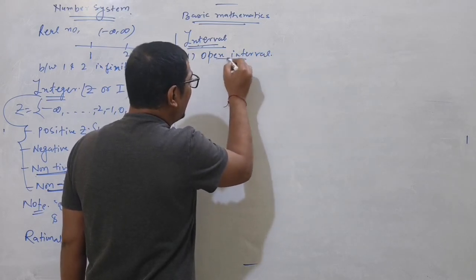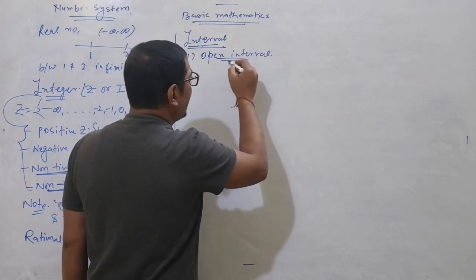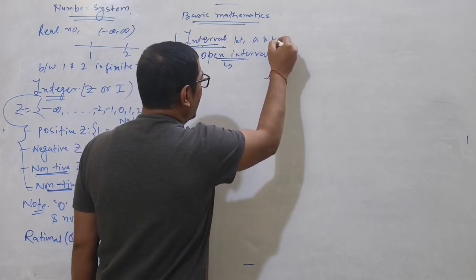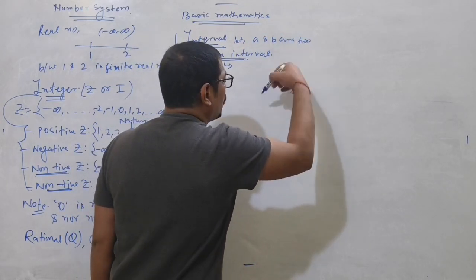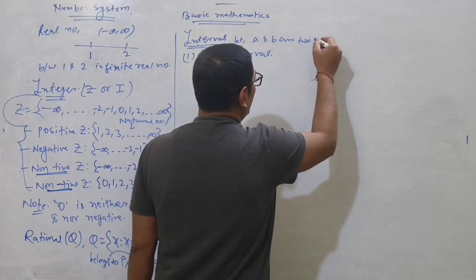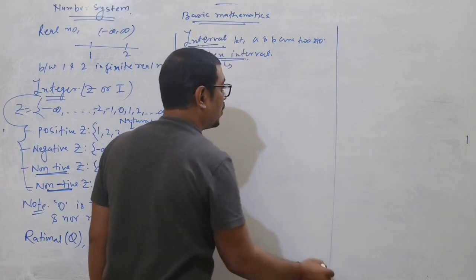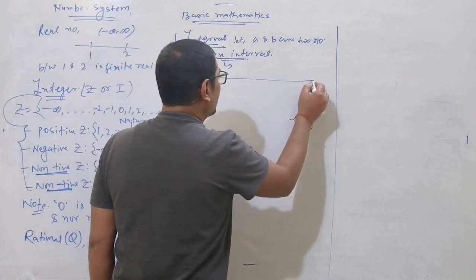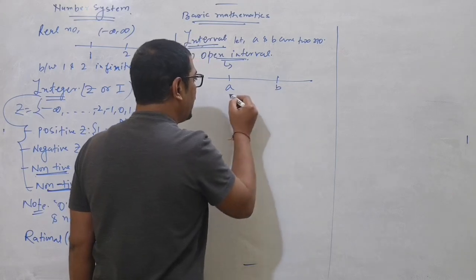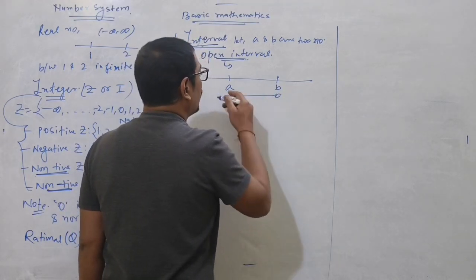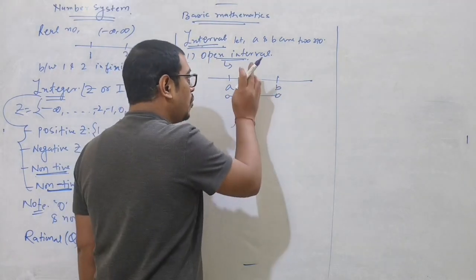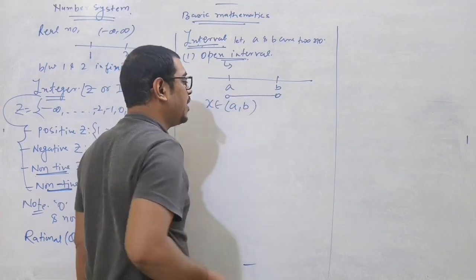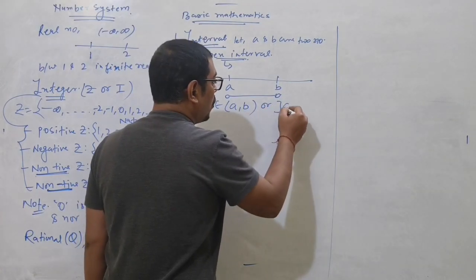Let a and b be two real numbers. Open interval means excluding a and b. So a is not included, b is also not included. So what does it mean? Open bracket a to b.